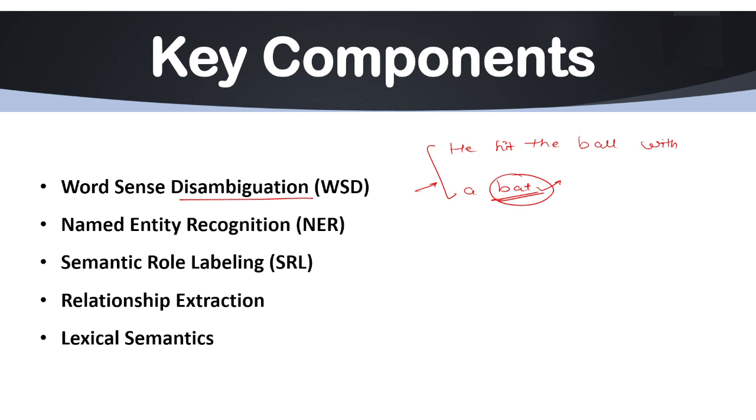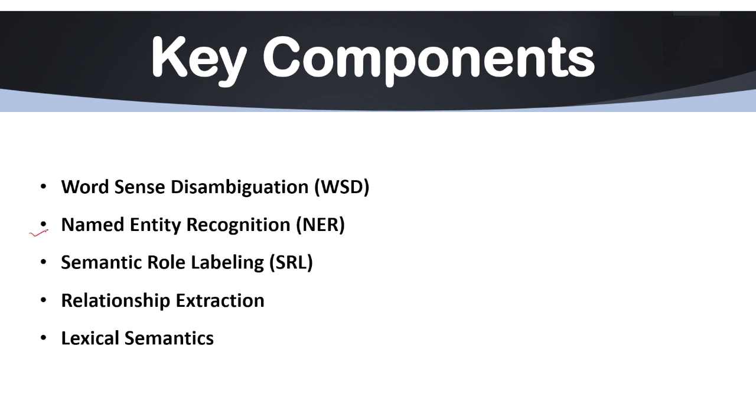That's why we use these semantic analysis functions. Is that clear, everyone? Here bat could mean an animal or a sports tool. So we have to differentiate the meaning between these two. So deciding which meaning of a word is used, AI looks at context to understand the correct meaning under your word sense disambiguation component.